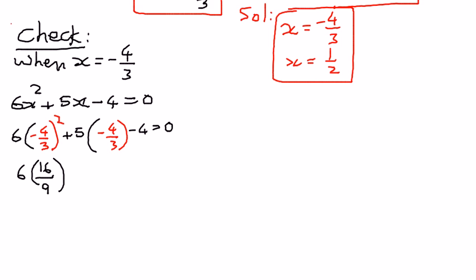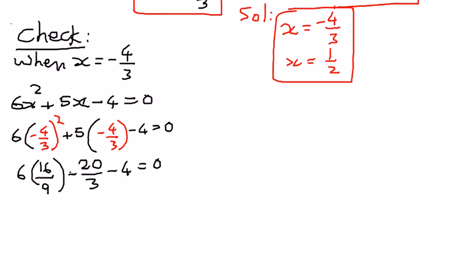So I've just expanded (4/3) raised to the power of 2. Plus, because we have a positive times a negative is a negative, 5 times 4 is 20 divided by 3, minus 4 is equal to 0.